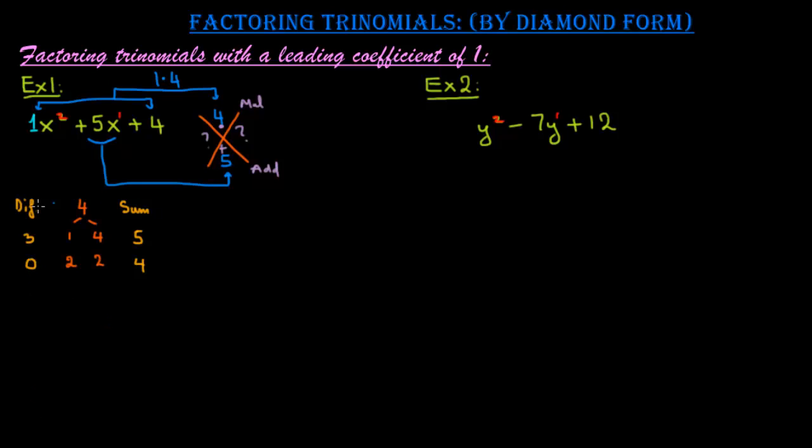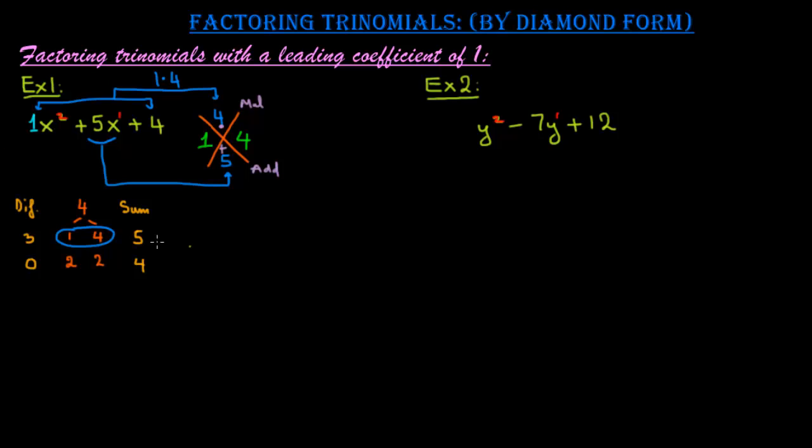So which pair gives you the number that matches the bottom? As you see, this one adds up to give you 5. So my pair for the diamond form is 1, 4. I will fill in here 1, 4. I just fixed the numbers to make it clearer.